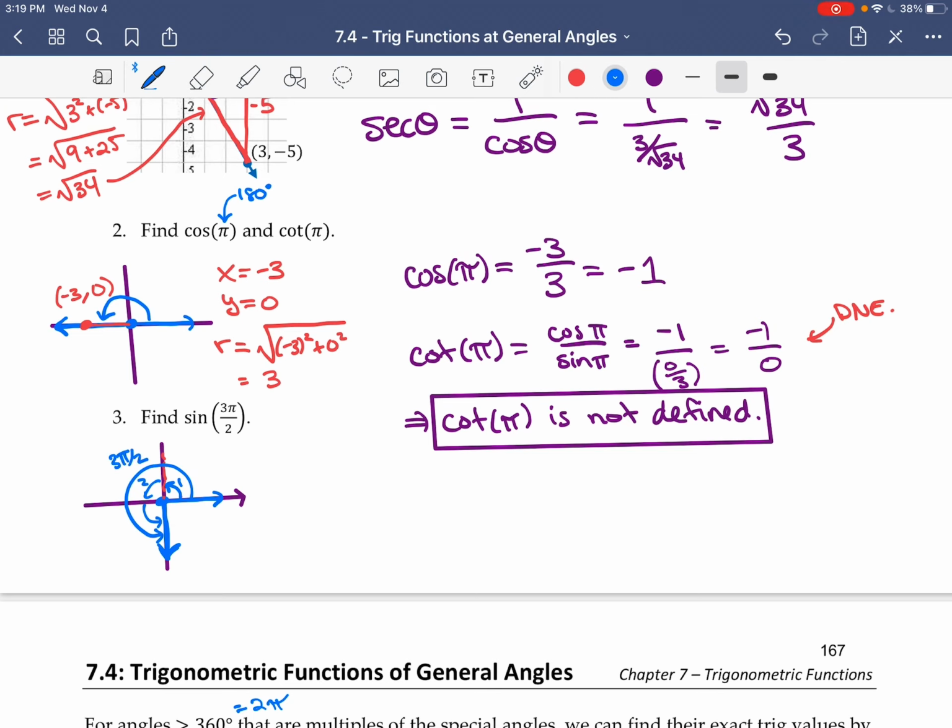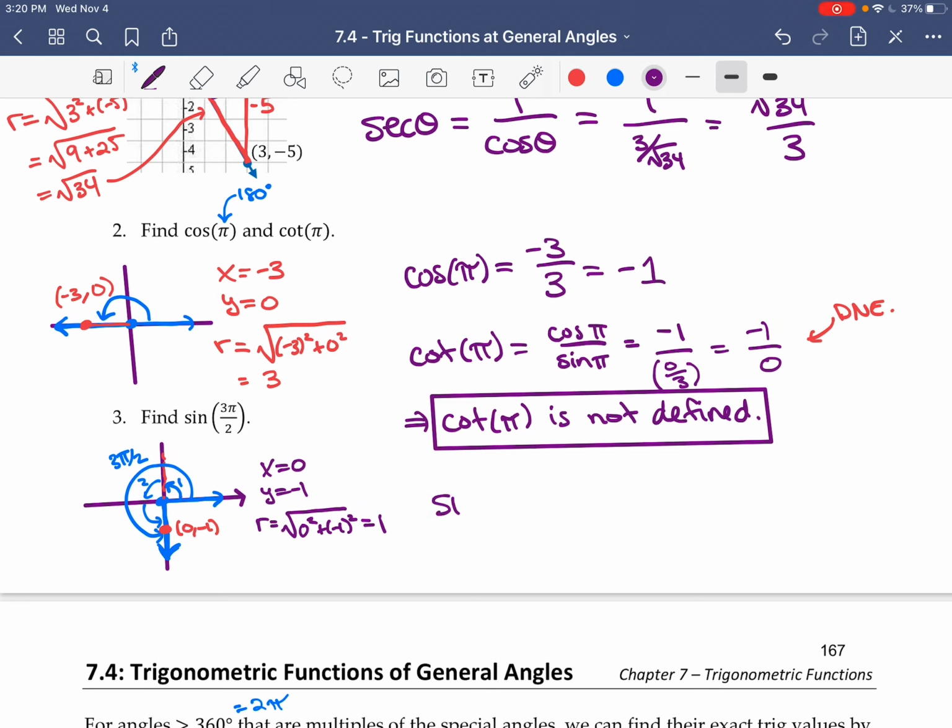Okay, so then I could pick a point on this terminal side. I'm going to pick 0, -1. That's definitely on there. So my x value is 0, my y value is -1, and my r value is the square root of 0 squared plus -1 squared, so it's 1.